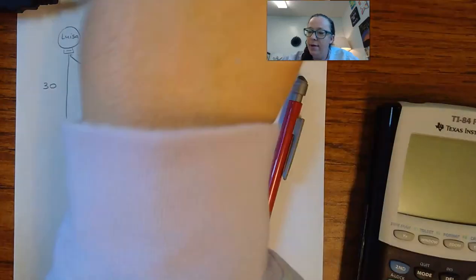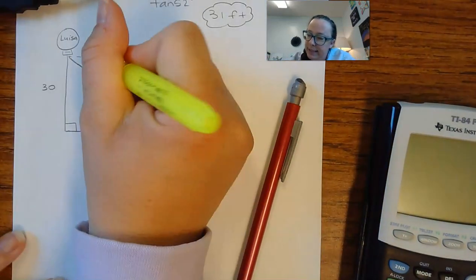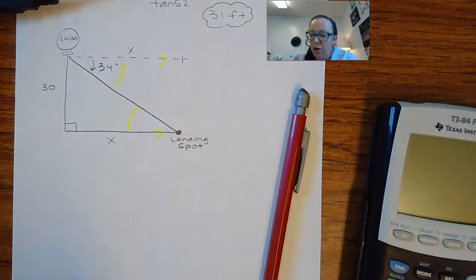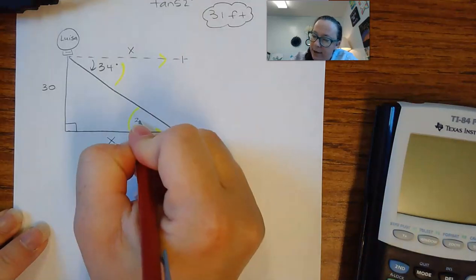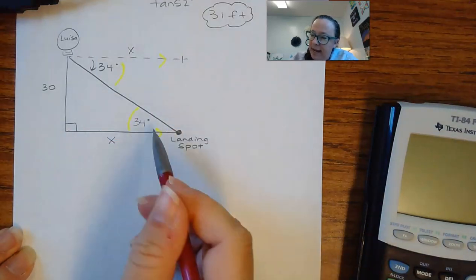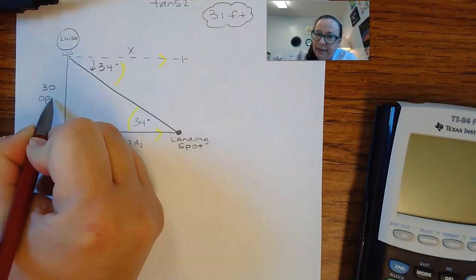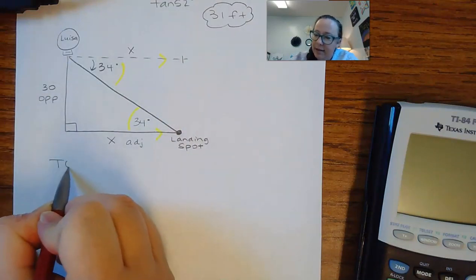Now, what do we know about this angle and this angle? Well, these two lines are parallel, so those are alternate interior angles. So I transfer the 34 degrees here, and I have a triangle with adjacent, opposite, so that's tangent again.